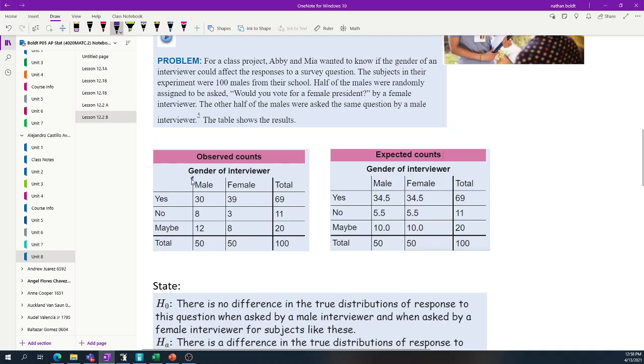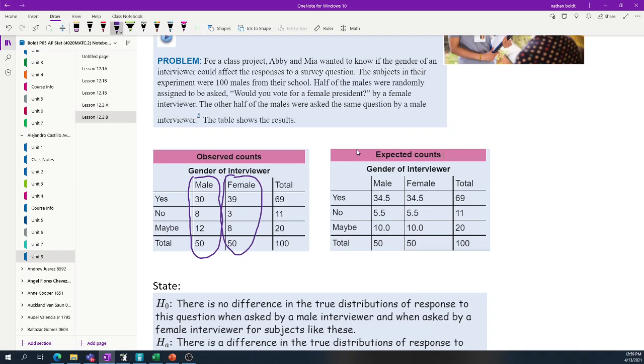And so this right here, we're treating it as one population, and this one we're treating as one population, because we took all the people that were being interviewed by the male, that's one population. They have the same experience. And then we took all the subjects that were interviewed by the female interviewer. Two different populations. We want to see, is there a difference between them?